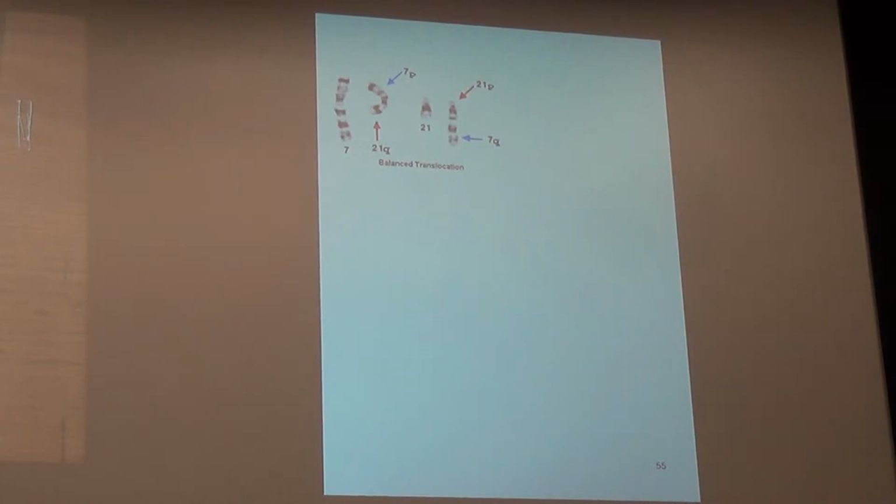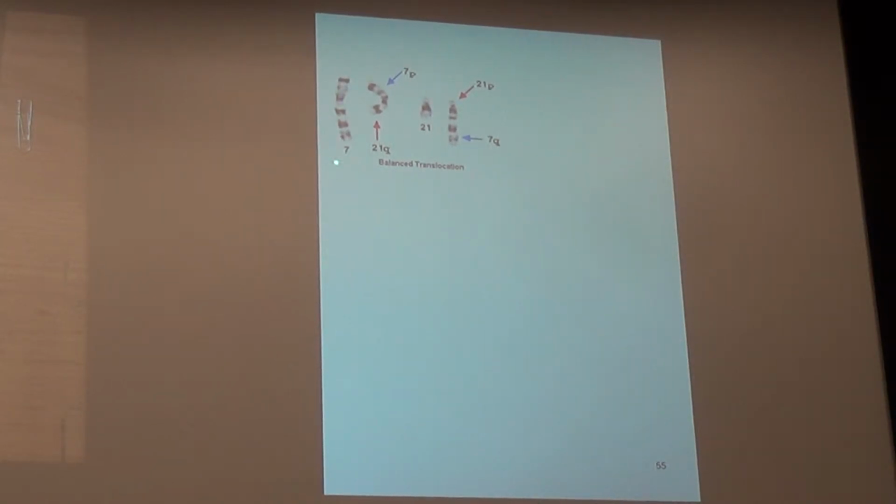All right. So here is a balanced translocation between chromosome 21 and chromosome 7. This segment is actually a segment of chromosome 7, and this segment is a segment of chromosome 21 that have fused together. Here is the other version of it, 21 and 7. The 7 chromosome split and this 21 chromosome split, and you join the 2 halves together.